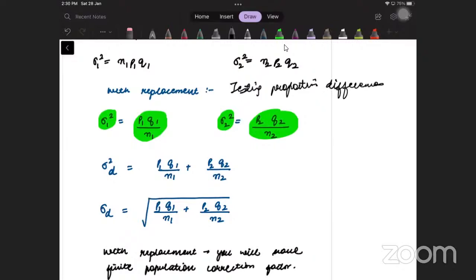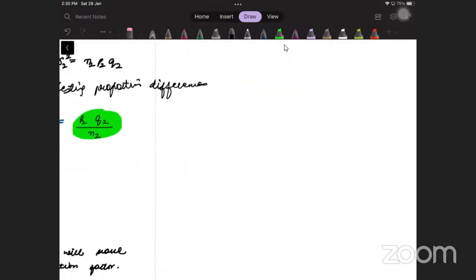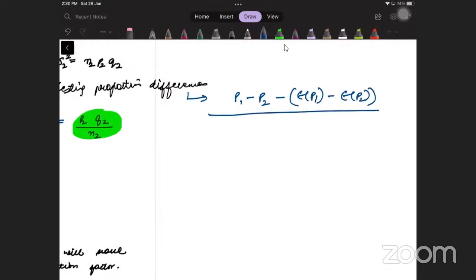When we test the difference in proportion, if you go back to your notes, the formula will be P1 hat minus P2 hat, minus its expected value, E of P1 minus E of P2, upon the square root of the standard error of P1 plus the standard error of P2.